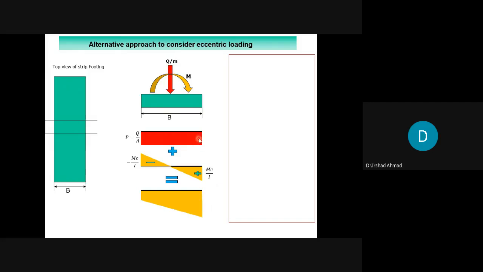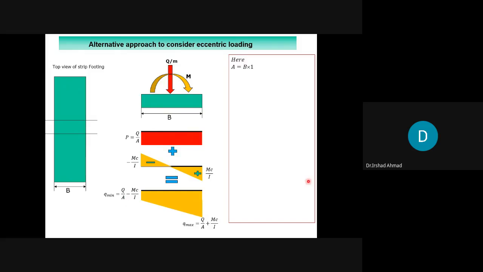Here, these two stresses, this is positive, would add up and maximum would be obtained. And here, this stress would be subtracted from this stress and a minimum stress would be obtained. Q minimum and Q maximum. This is with the positive sign, this is with the negative sign.